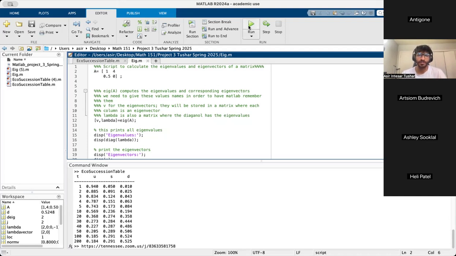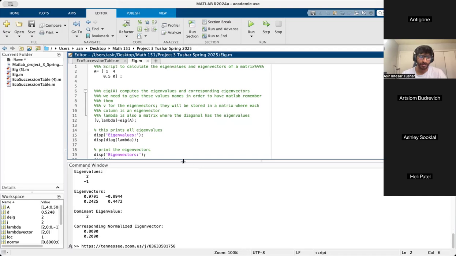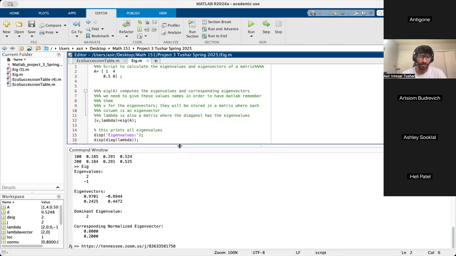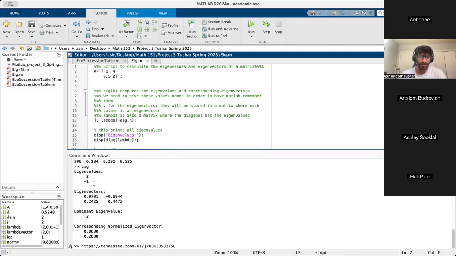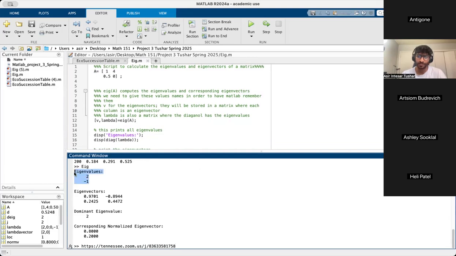So if I run this, you will see here, it gives you the eigenvalues, it gives you the eigenvectors, okay? It gives you the dominant eigenvalue, and also it gives you the normalized eigenvector. So it literally gives you everything.